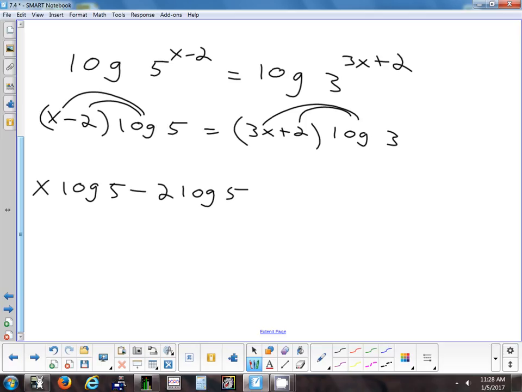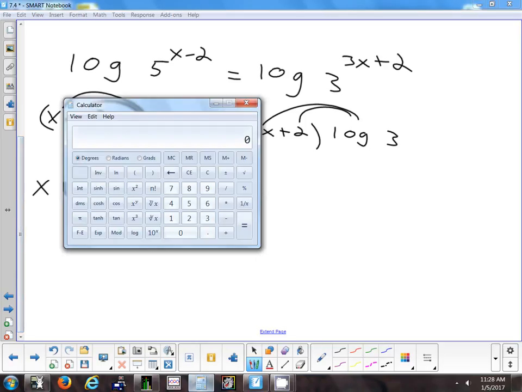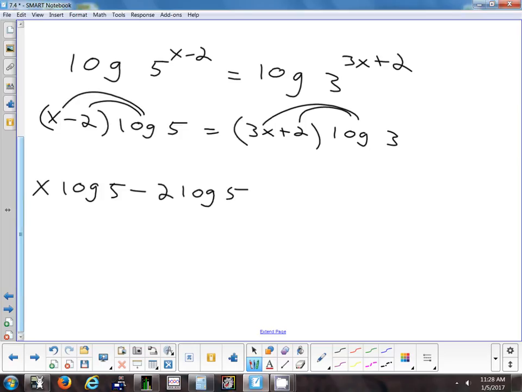Again, it wouldn't look as messy if I just did out the log of 5, but I don't want to round it off yet. That's why I'm not finding what the log of 5 is. If you really want to know what it is, it's about 0.7. So it's just like having x times 0.7 minus 2 times 0.7 right there.